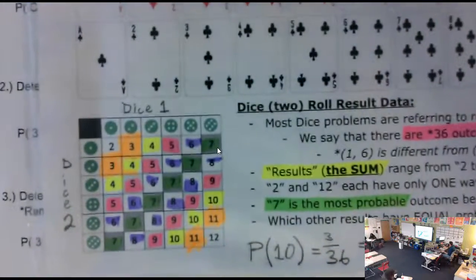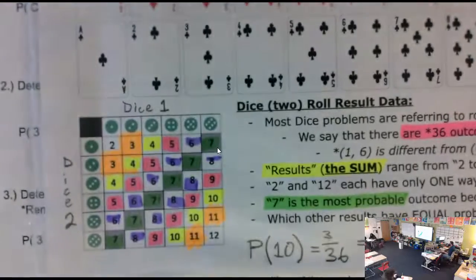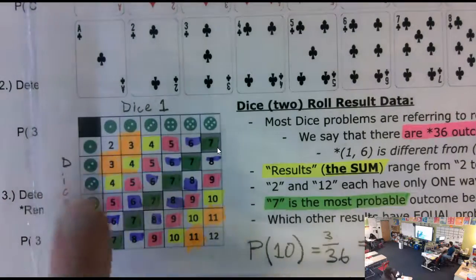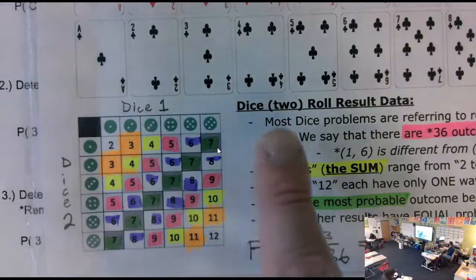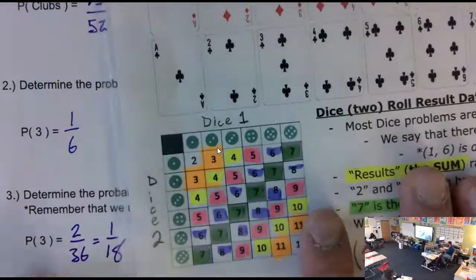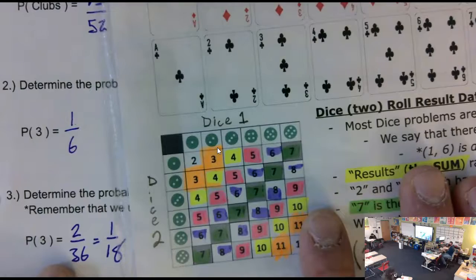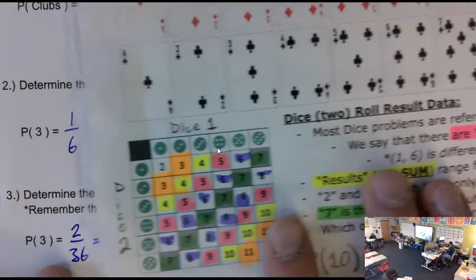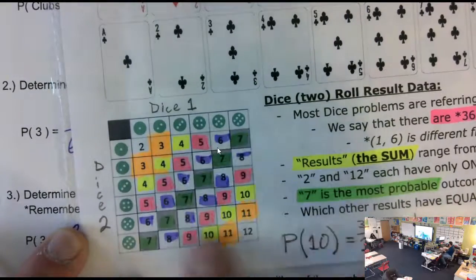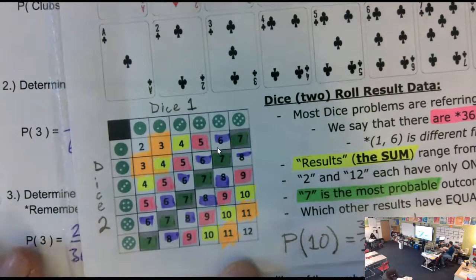But some of us forgot, and this is the trap door. How many options are there when we roll 2 dice? There are 36. Be careful, if your denominator was 12, you fell in the trap door. You did 6 times 2 instead of doing 6 times 6. So when we're rolling 2 dice, we have 36 options.